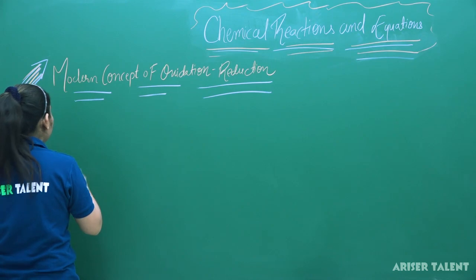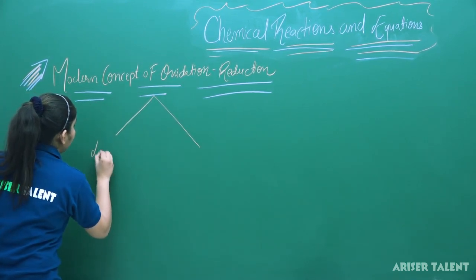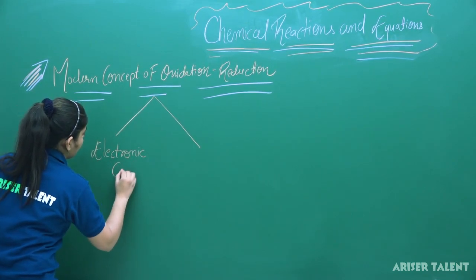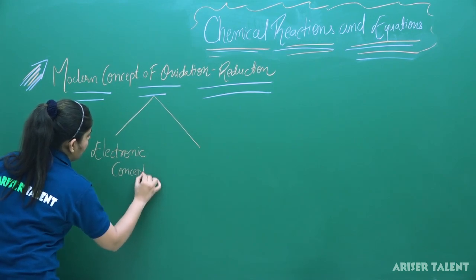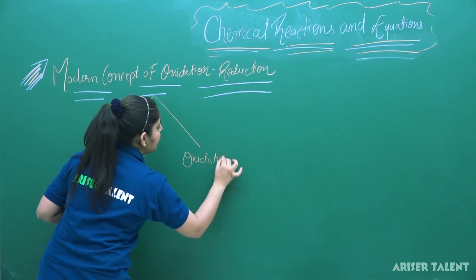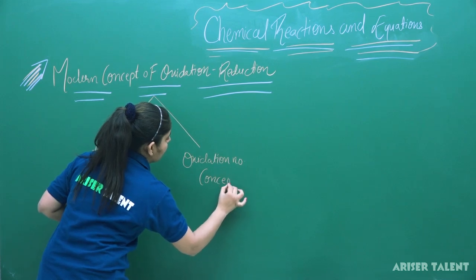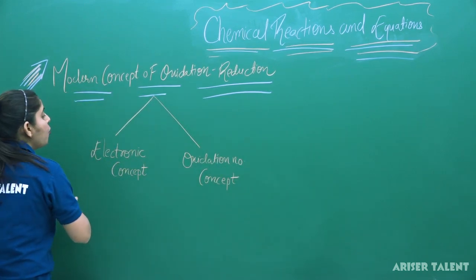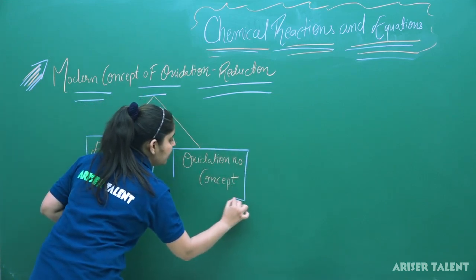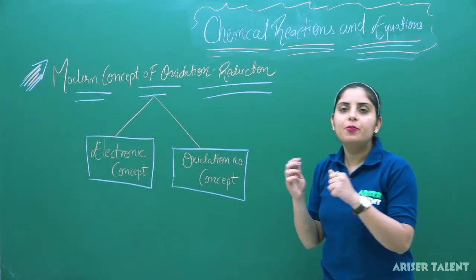The first category is the electronic concept, and the second category is the oxidation number concept. Among both these categories we have already discussed the electronic concept of oxidation. Now we are on the second part, that is the electronic concept of reduction.